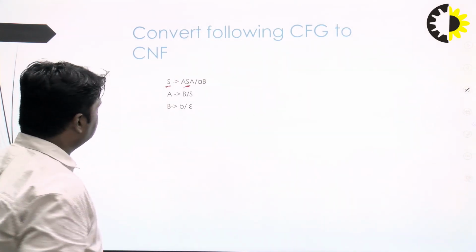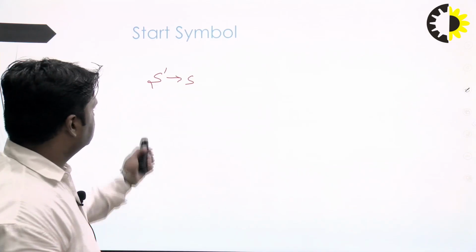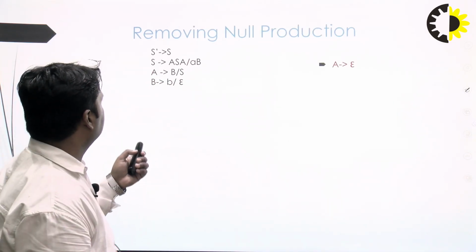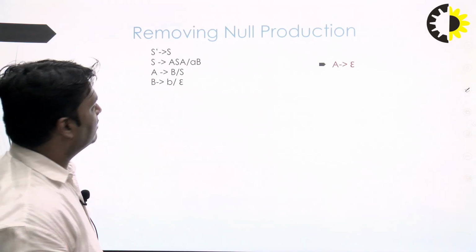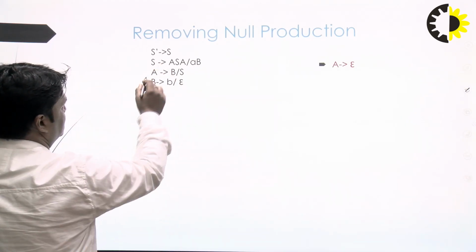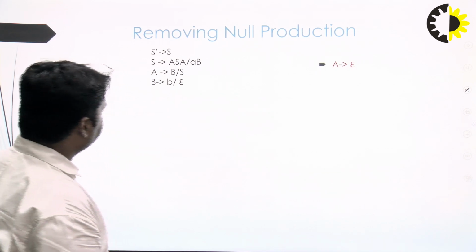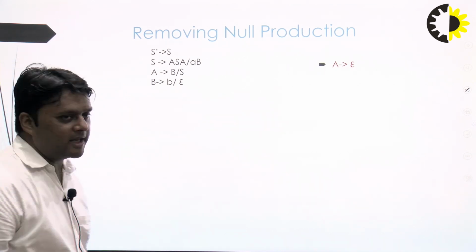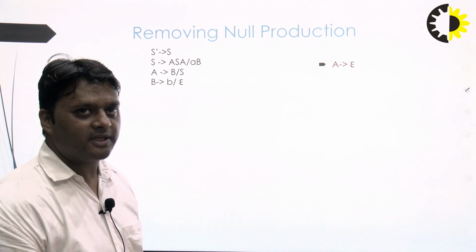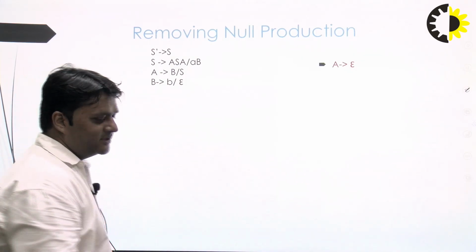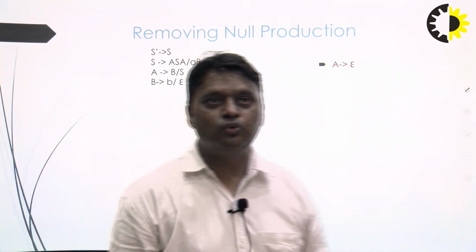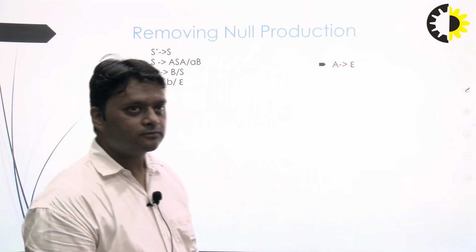After step 1, the start symbol is S dash and the remaining grammar is already written, so the grammar will be S dash implies S, S implies ASA and AB, A implies B slash S, and B implies b slash epsilon.